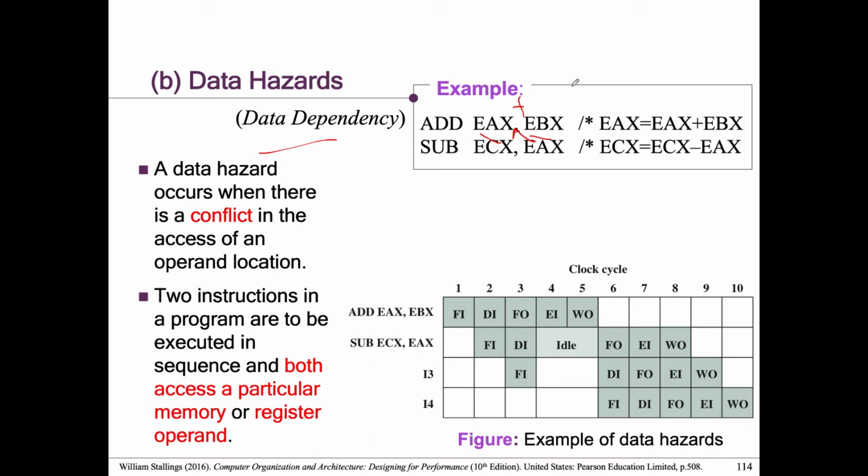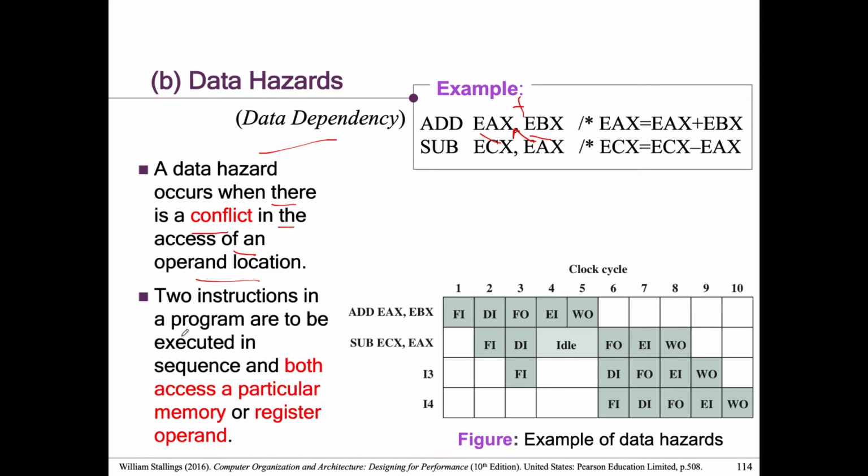But what is going to trigger the data hazard? The data hazard occurs when there is a conflict in the access of an operand location.